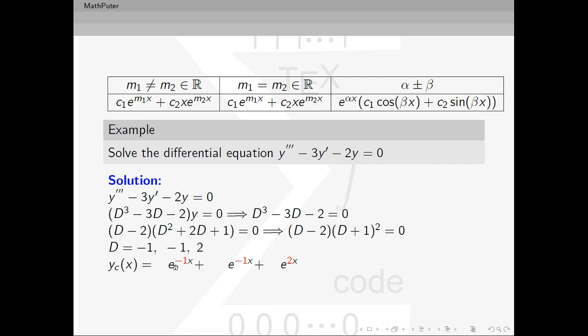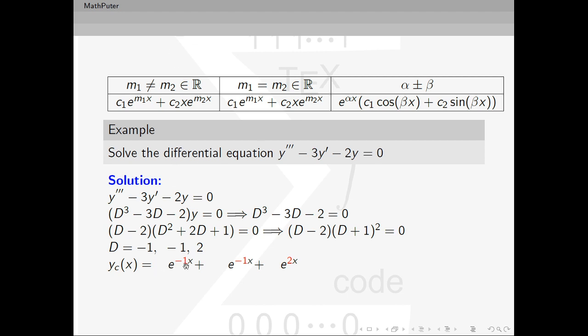Now observe this: e raised to minus x, e raised to minus x and e raised to 2x. So here these two functions are equal, but I want all the functions to be linearly independent. This time we have no idea about linear independence. Again I repeat, in the next lecture we shall discuss linear independence for functions.